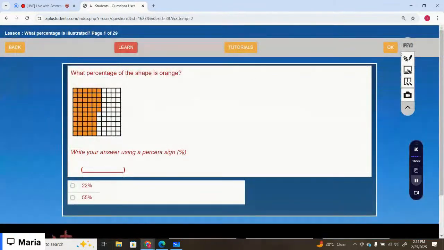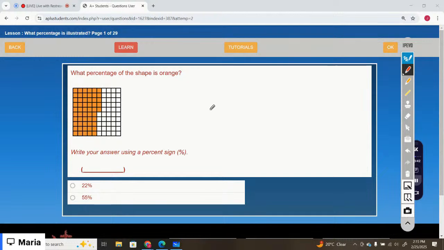So this complete shape represents 100 small squares, right? You need to find out the colored ones. Each line has 10 small squares: 10, 20, 30, 40, 50, 51, 52, 53, 54, 55. So the shape represents 55 out of 100. 55 are colored. The total squares are 100 and 55 of them are colored.